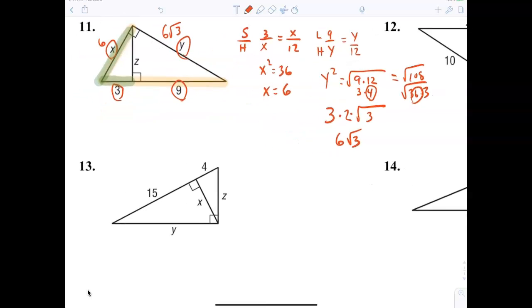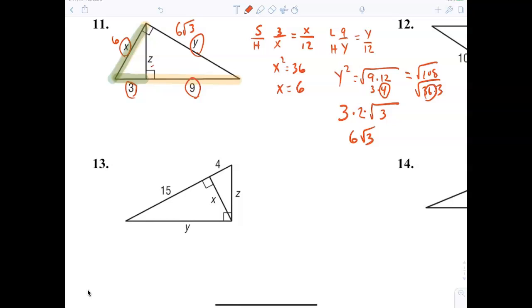So now I'm missing z. Does everybody agree with me? So right now I'm just going to do 3 over z. And what's 3 considered? The short leg, and z is the long leg. So look to the triangle on the right.